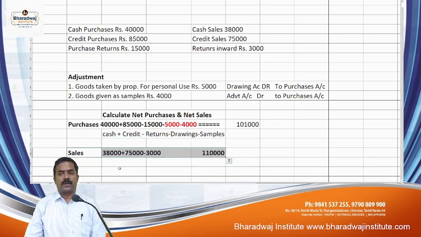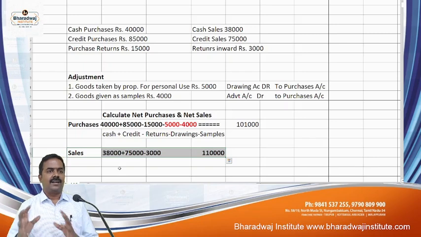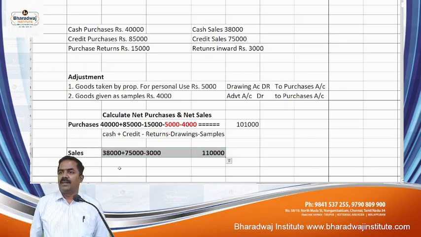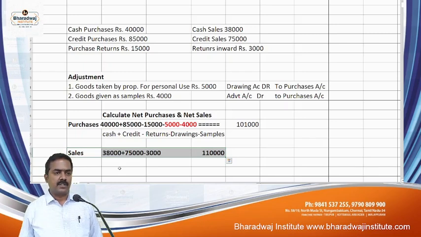This is one of the most important MCQs that can be tested based on the trading account. One is abnormal loss. Second is which one? How to find out which one? Net purchases and which one? Net sales can be tested in the exam.